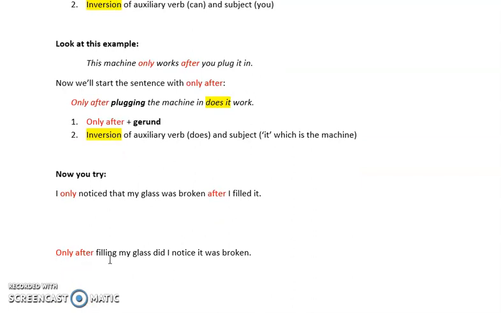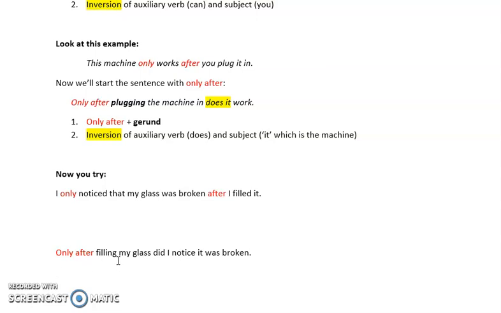Only after filling my glass did I notice it was broken. I only noticed, so this is past tense, I need to remember that. I only noticed that my glass was broken after I filled it.